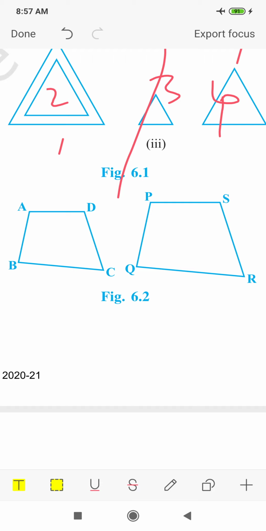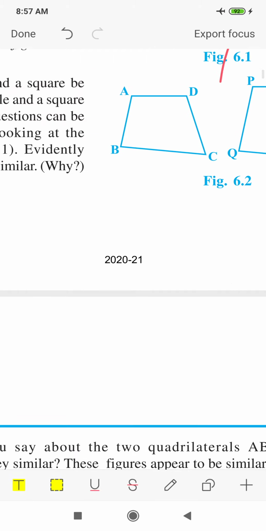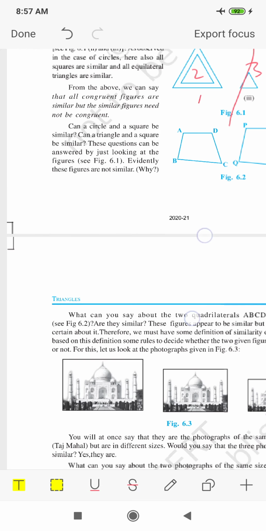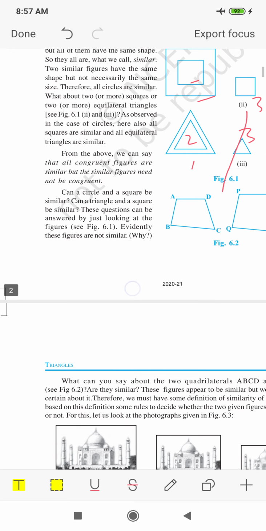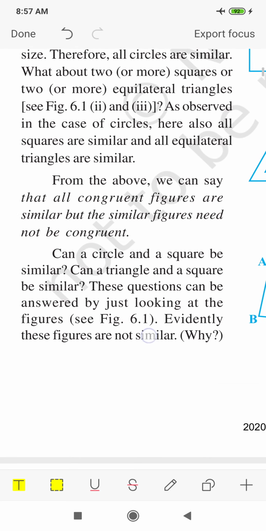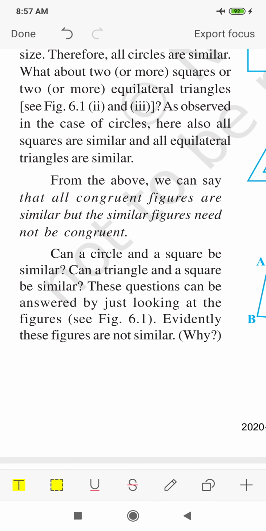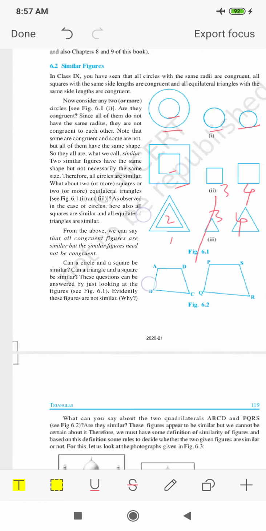So what can we say? See the definition: all congruent figures are similar, but similar figures need not be congruent. Congruent ones are similar, but all similar figures are not congruent.